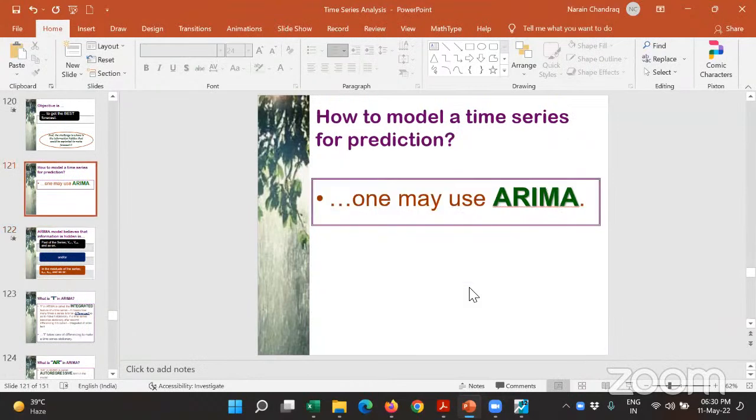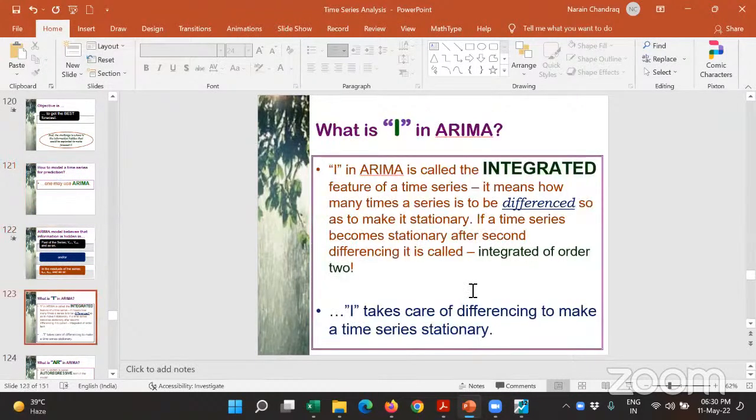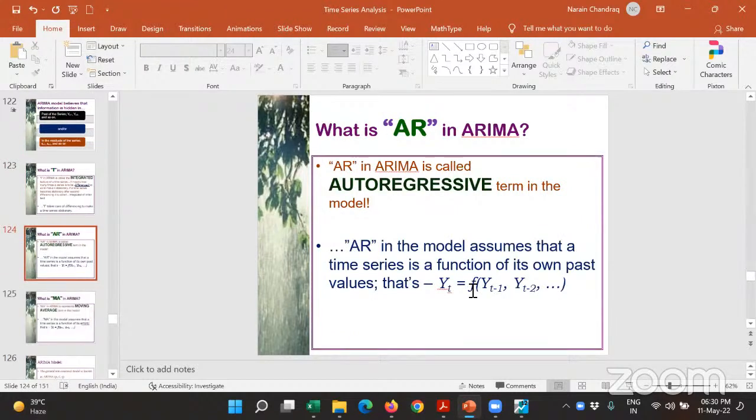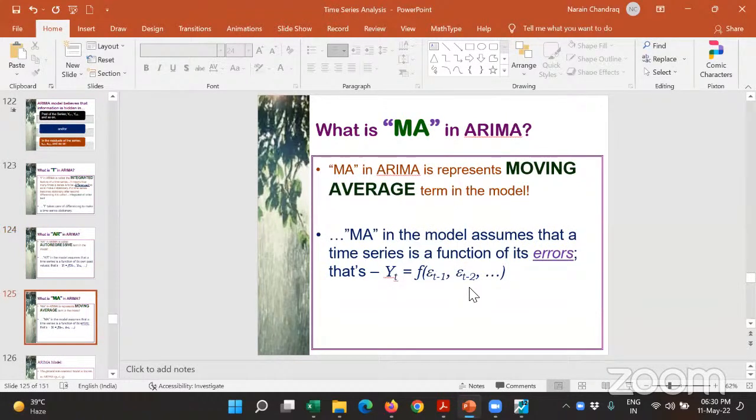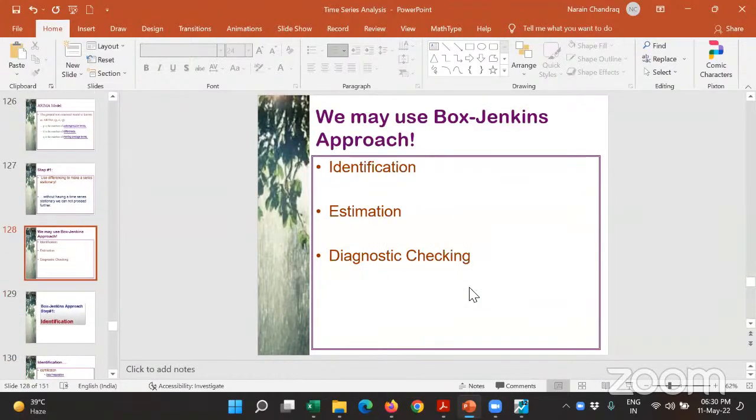We have a procedure for ARIMA forecasting, and that's where you need to use it for forecasting purposes. Your correlogram is helpful for simple models, but for complicated models like ARIMA modeling, it doesn't have all the applications.